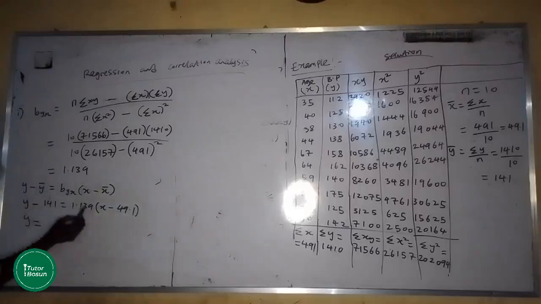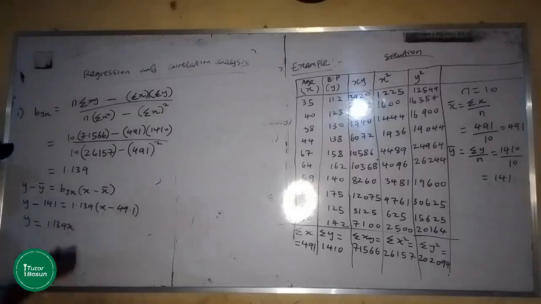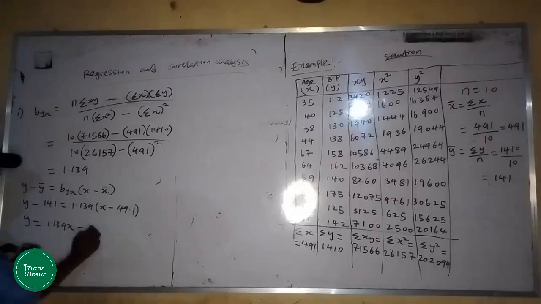Here we have 1.139x. If you open the bracket with this, you'll be having 1.139 times 49.1, so that's going to be giving us minus 55.92.